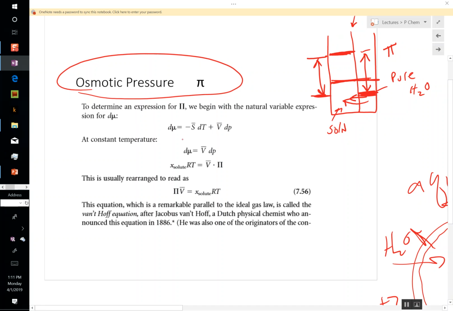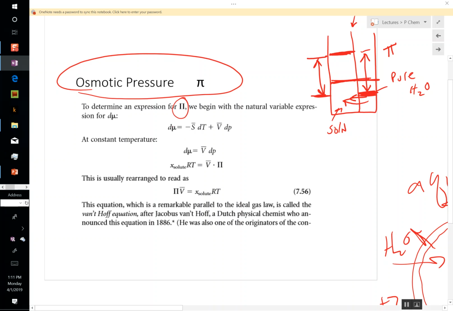And here's the equation. This capital pi is the symbol used for osmotic pressure. And here's some of the background.